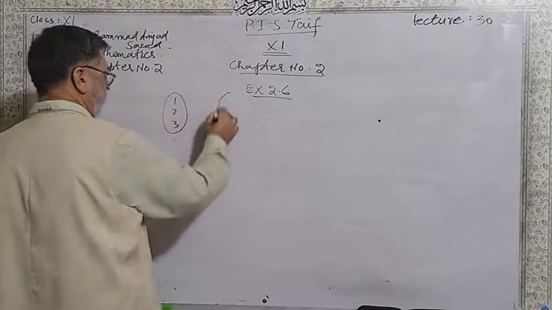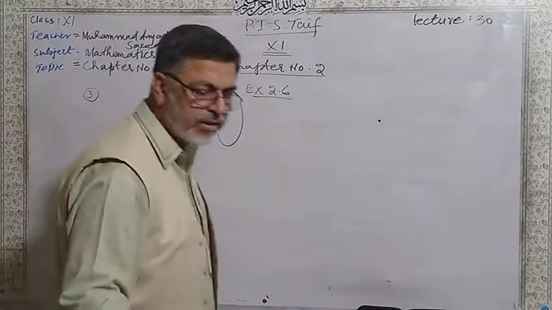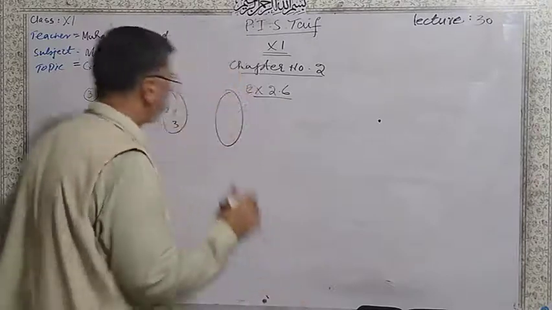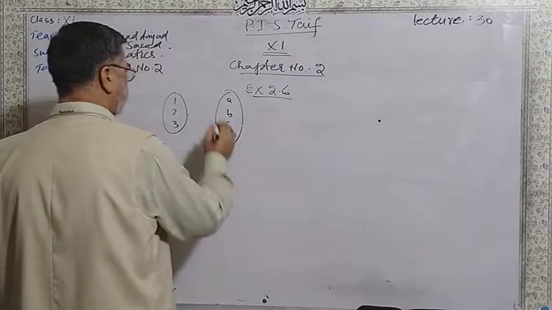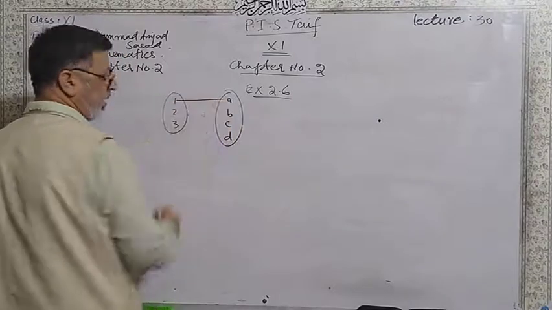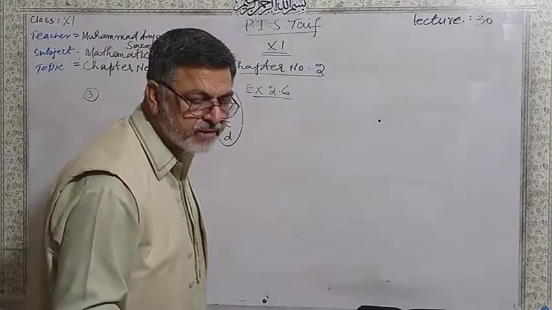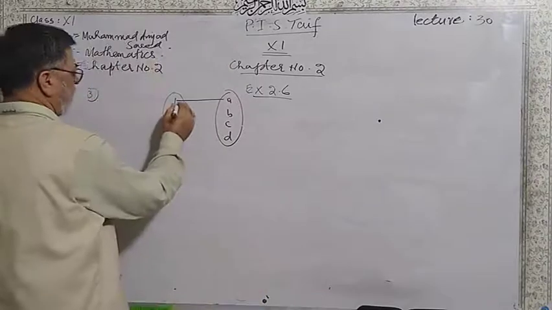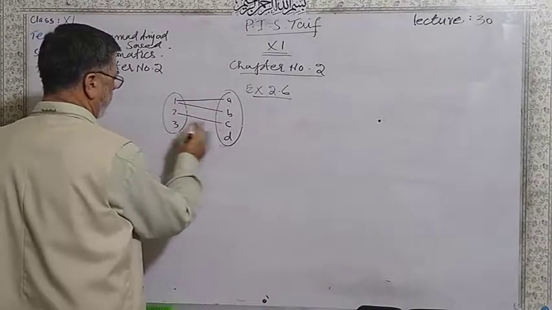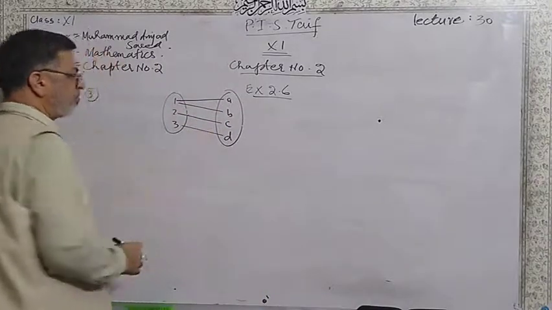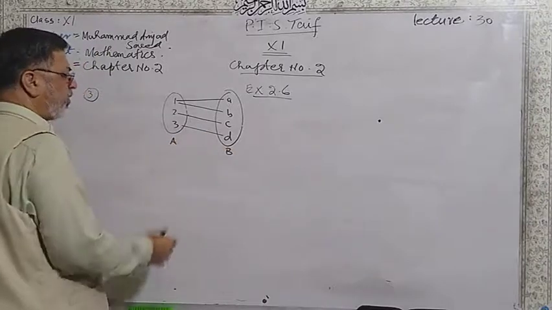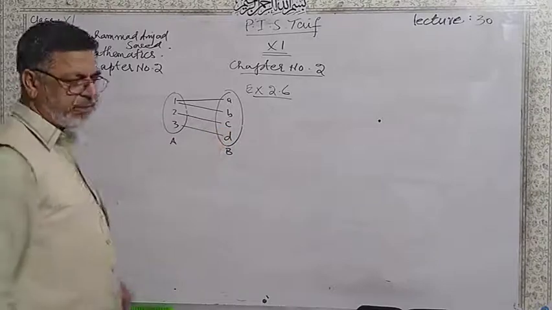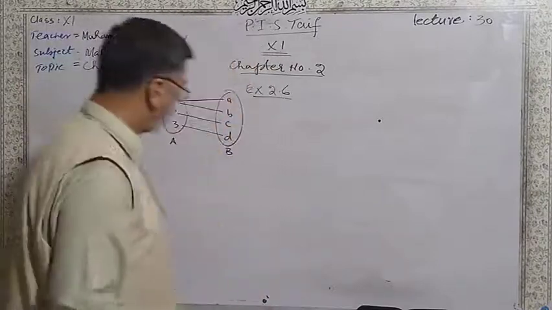Here we have 1, 2 and 3, and A, B, C, D. 1 goes to A, then 1 to B, 2 to C and 3 to D. This is figure A, this is B. You can say this is set A and this is set B. Figure 1.